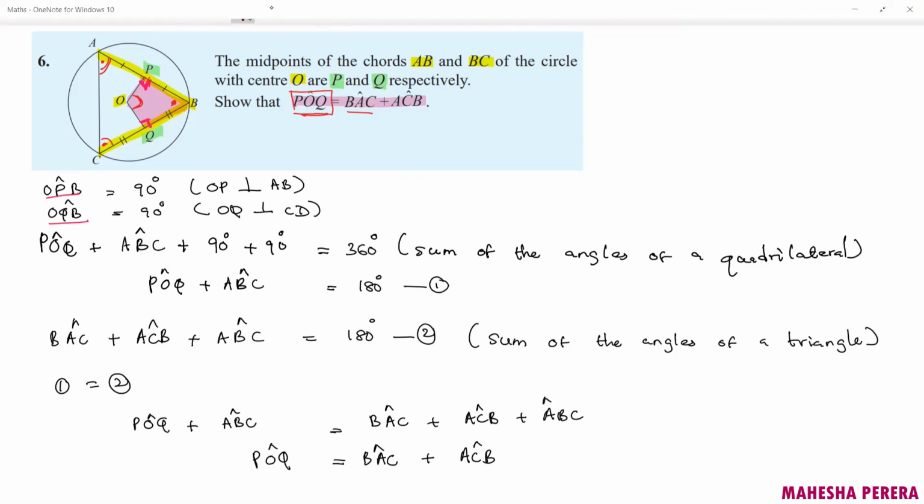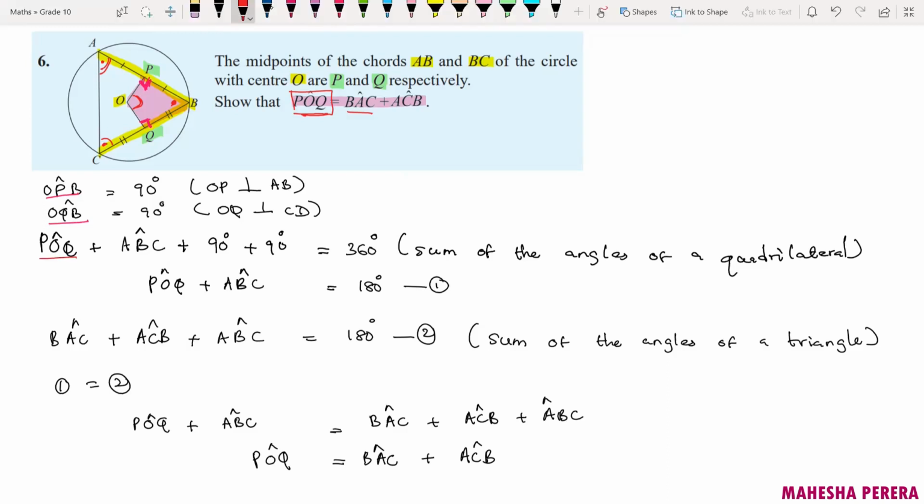Then, as I told you earlier, if you consider this pink quadrilateral, angle POQ, this angle, plus angle ABC, here, plus these two 90 degree angles equals 360 degrees. Why? Because the sum of the angles of a quadrilateral is 360 degrees.